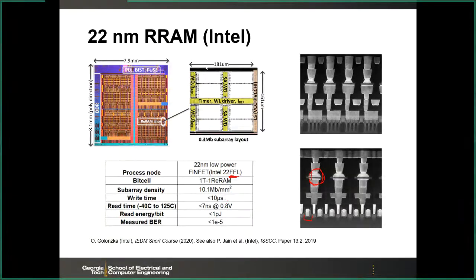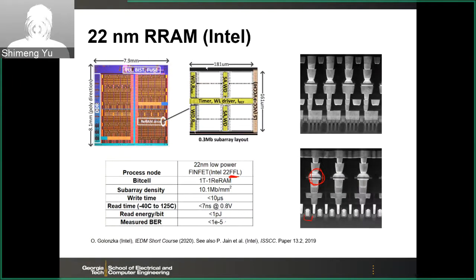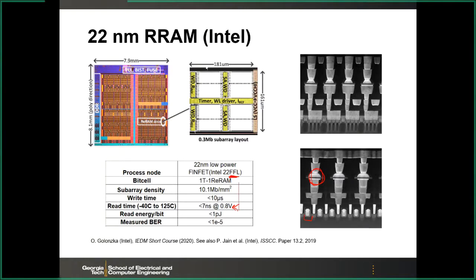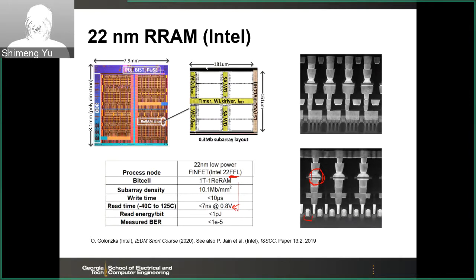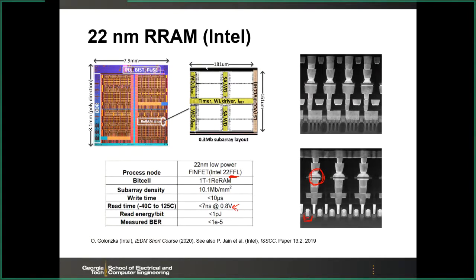The write time is like 10 microseconds, and the read time is pretty fast. But still, I believe the cell area of this 1T1R is pretty large. If I recall, this one is 60 F square or even 80 F square, because even though the transistor is small, the RRAM dimension is larger at the back end.